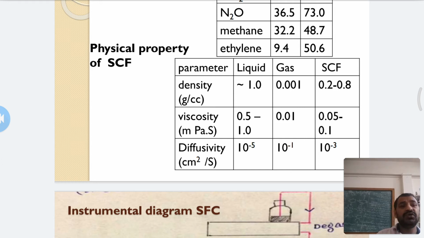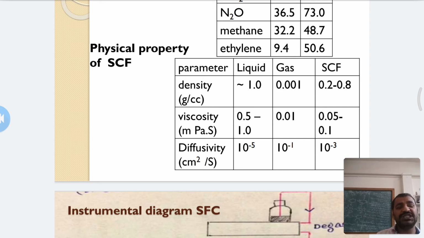Diffusivity is in between the liquid and gas.